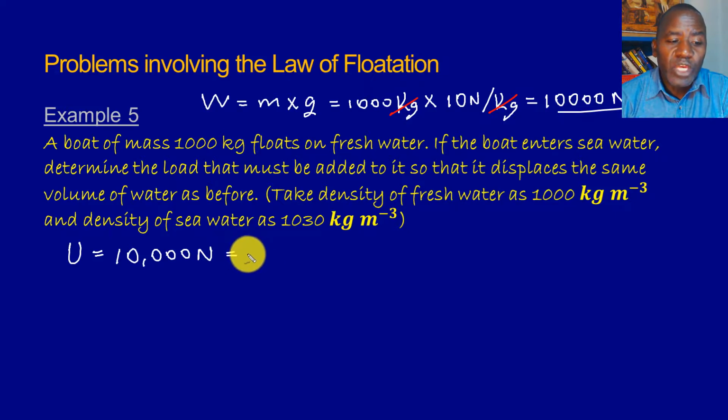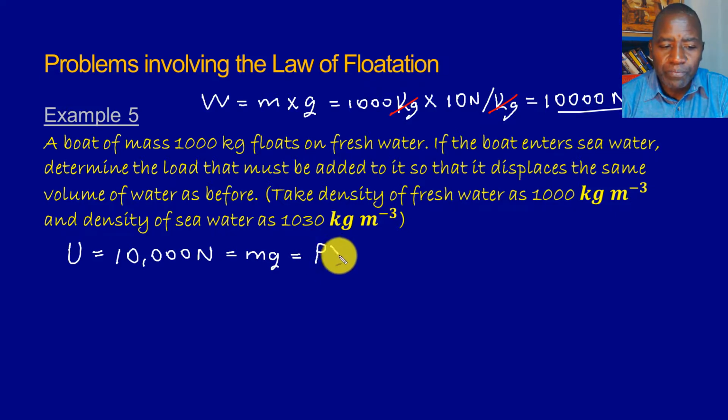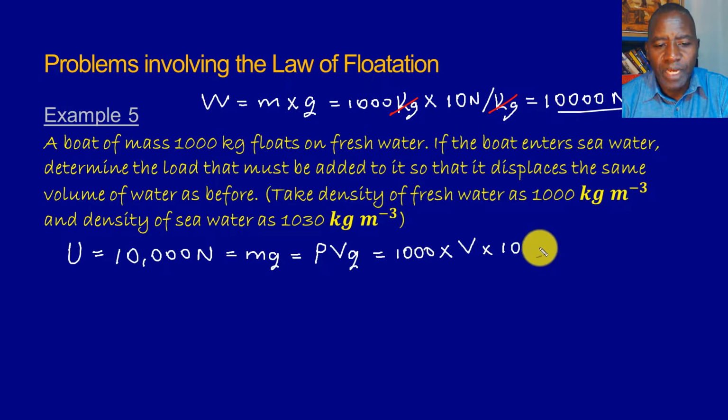So this one is going to be equal to the mass of the fresh water displaced times the gravitational field strength, which is equal to the density of the fresh water times the volume of the fresh water displaced, of course, times the g. The density of fresh water is 1,000. The volume is V, and the g is 10. And of course, we can see that over here, the volume will be equal to 1 meter cubed.